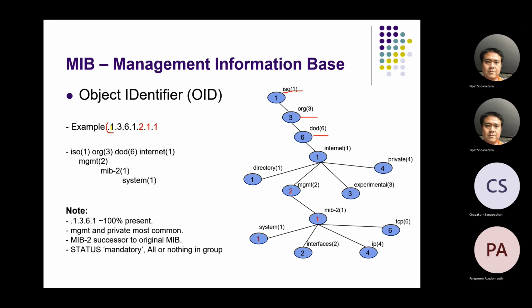And everything we are based on is Internet IP, point 1. So you can see that normally the object ID of anything will start from point 1, point 3, point 6, point 1, if we are using anything based on IP.